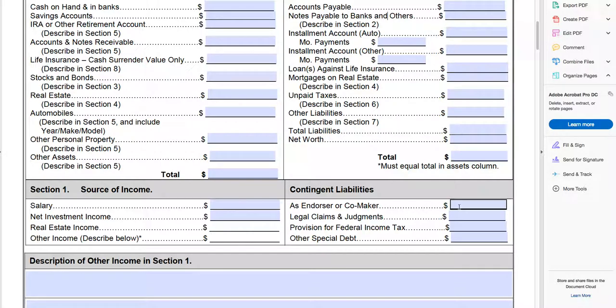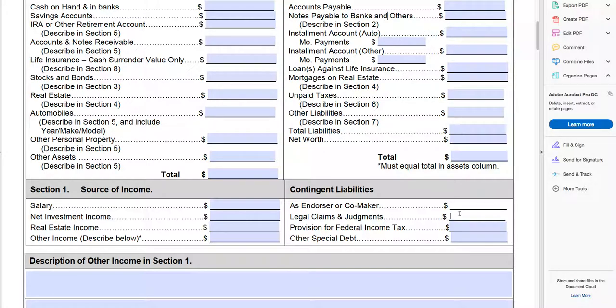On the liability side, we want to talk about the total list of liabilities or loans that you've co-signed for, maybe for your kid or for a relative.